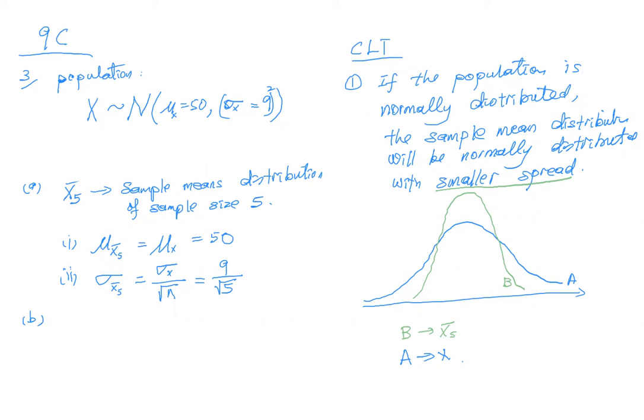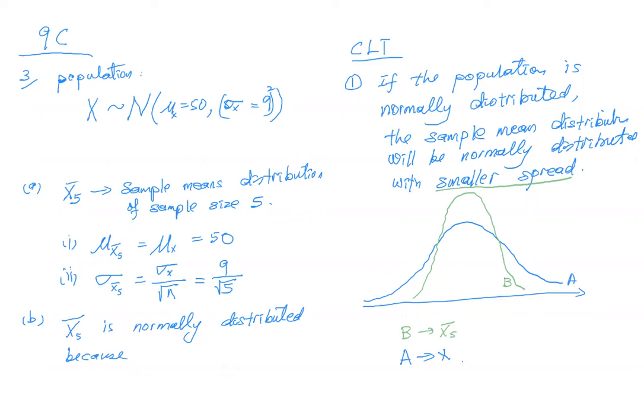Part B, they say, can we say that X bar 5 is normally distributed? Yes. Is it because of the size? Ethan? It's because the population is normally distributed. Thank you.